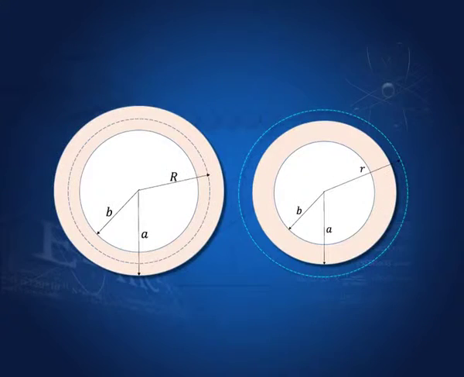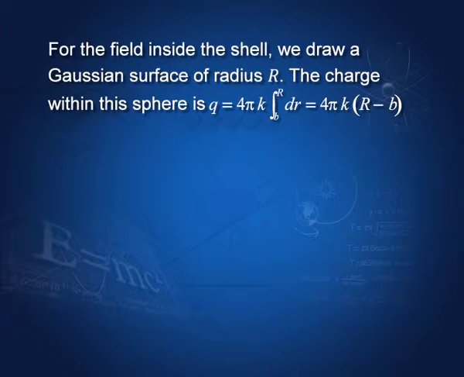For the field inside the shell, we draw a Gaussian surface of radius r. The charge within this sphere, I will integrate between b and r, not b and a, but between b and r. If I integrate that, then I find the charge in this part of the shell, which is inside the Gaussian surface of radius r. So, the charge is 4 pi k integral from b to r of dr, which is 4 pi k into r minus b.